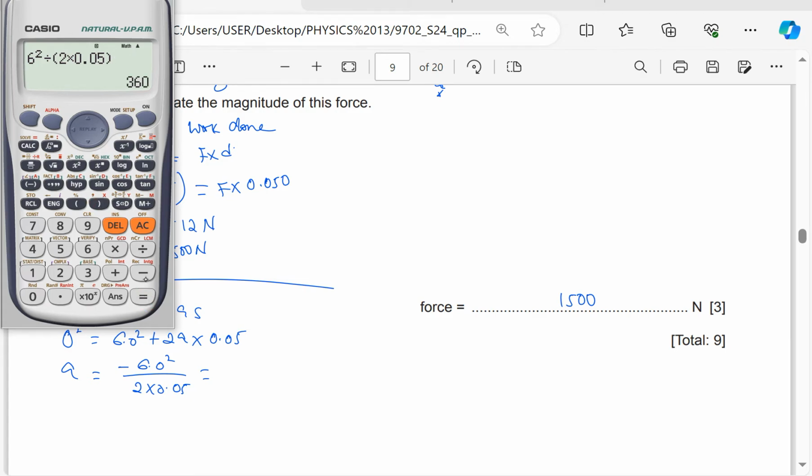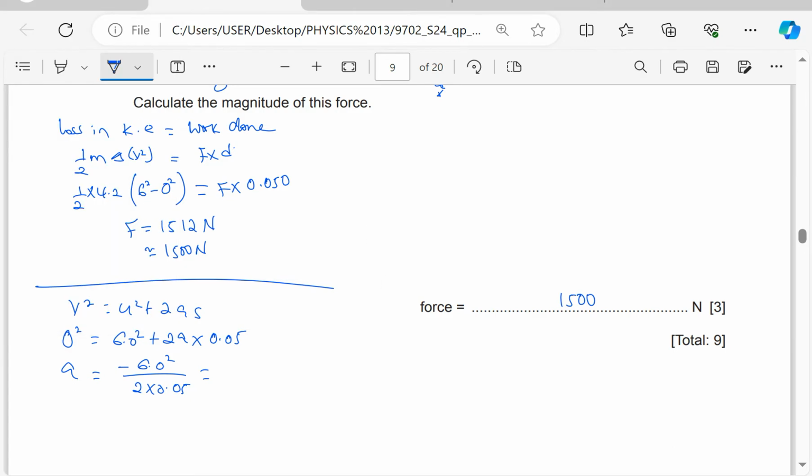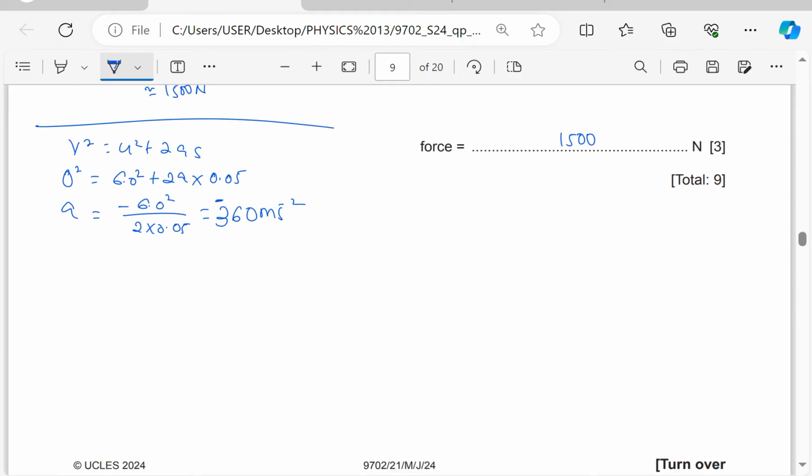That is 360, but remember it is negative. So I'll say this is 360 meters per second squared, but remember it is negative. Okay, so that is the acceleration. So remember, resultant force is mass times acceleration. I'll just ignore the negative. The negative just shows it is actually deceleration.